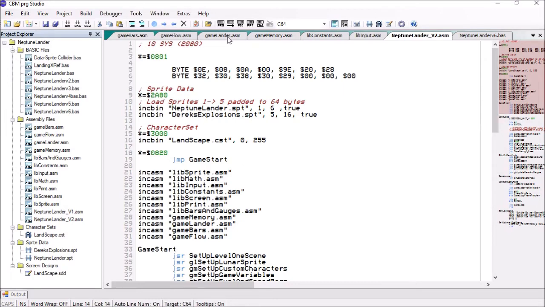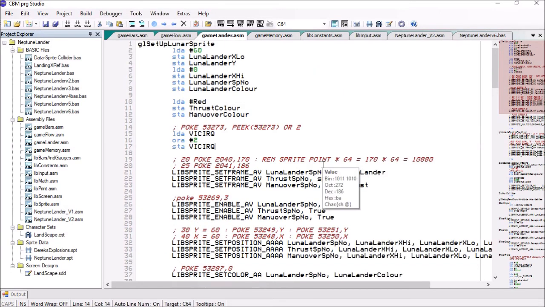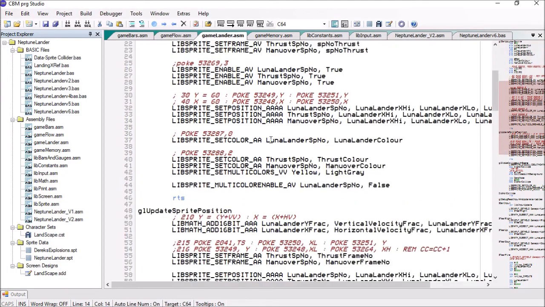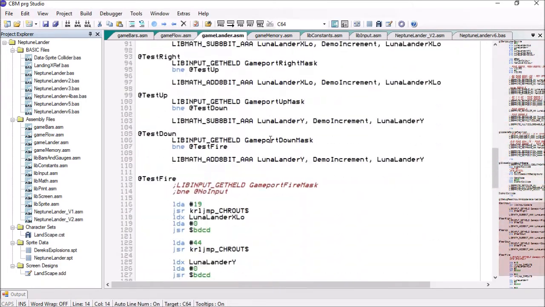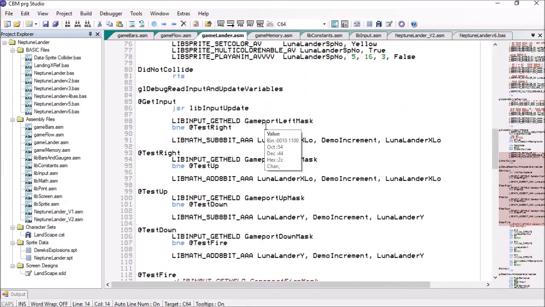Right, so we're going to the lander, and this is what we're doing, yeah? We're doing the calculation, that's the demo mode.